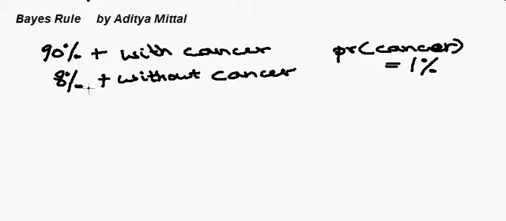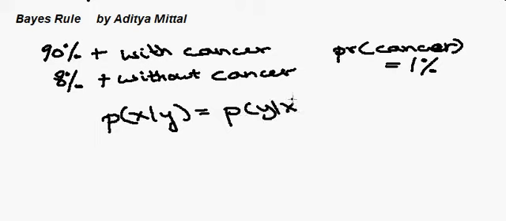it's really not. So there's a rule for this, which is that the probability of x given y is equal to the probability of y given x times the probability of x, divided by the probability of y.